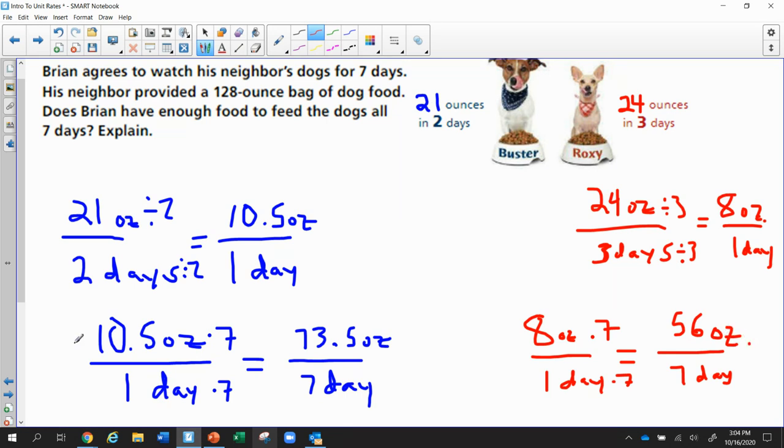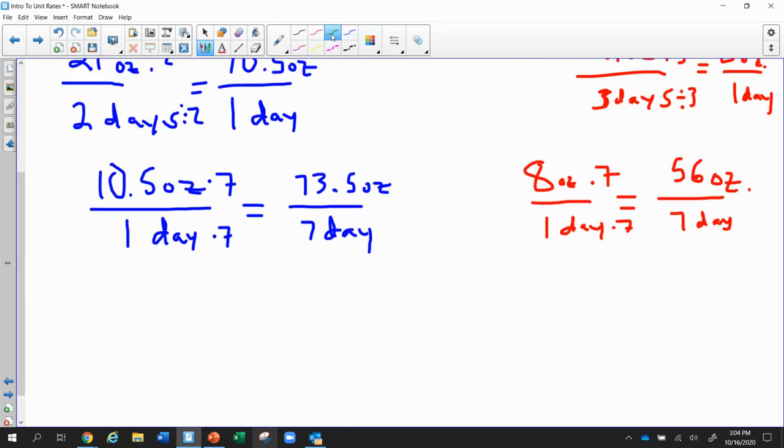Okay, so we have the totals that they're going to eat all week. Now we still have to combine them and see if he has enough food for that week. So we're just going to go down and we're going to add those ounces. So 73.5 ounces plus 56.